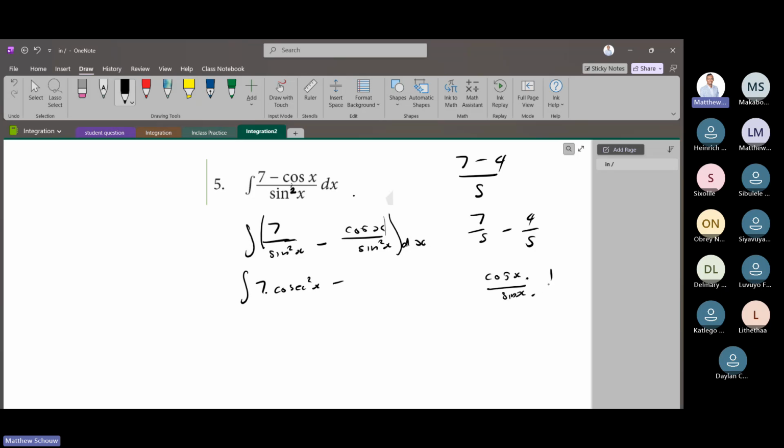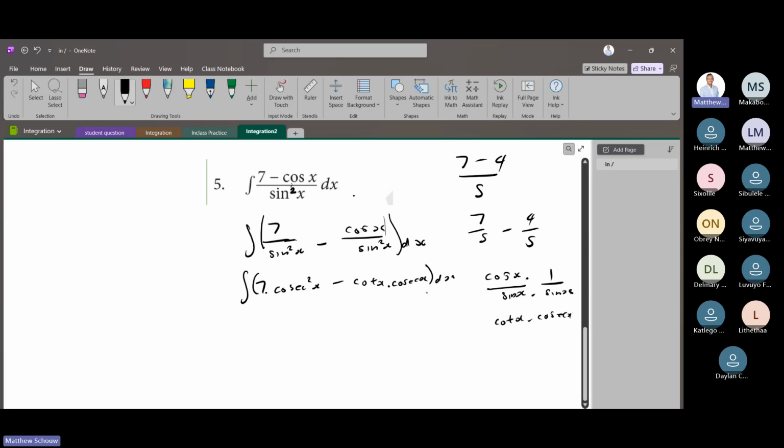Remember, I'm splitting it up just like the previous one. We know that cos over sine is called cot, and 1 over sine is called cosec. So this is going to be cot x times cosec x dx. You guys got that?